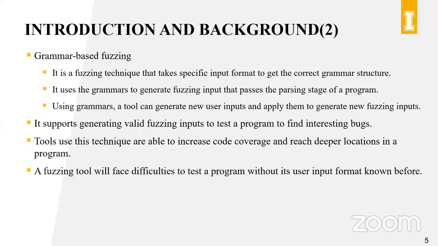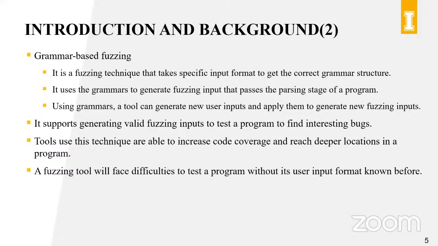So the tools support generating valid input to test the program and find interesting bugs. By using the grammars and the fuzzing tool, it helps us increase the code coverage of the program and reach deeper locations in the program.